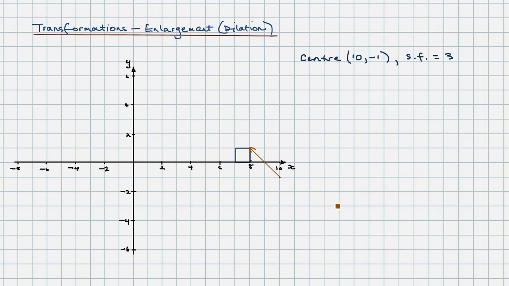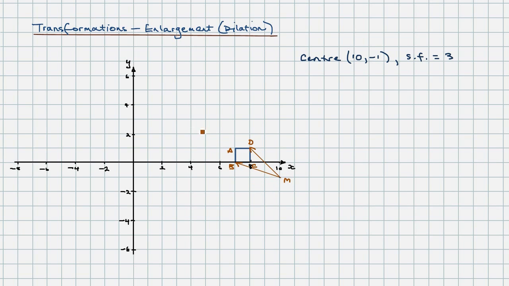And if we label up our object, then we'll say this is A again, B, C, and D. So if this is a centre, we'll call it M, and this vector is M to D. Okay, let's go ahead and do another vector going from M to B. Again, draw our arrow on there. And now we've got two vectors that should be enough to position our image.